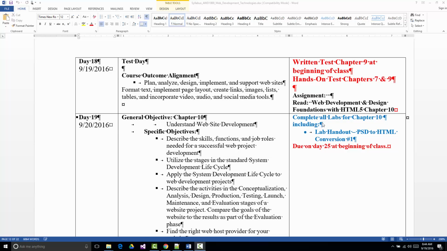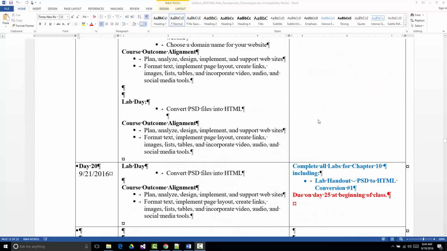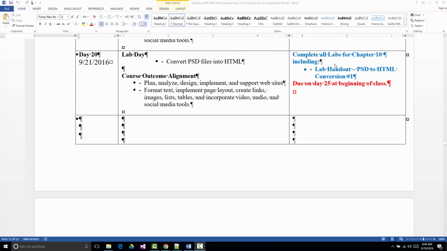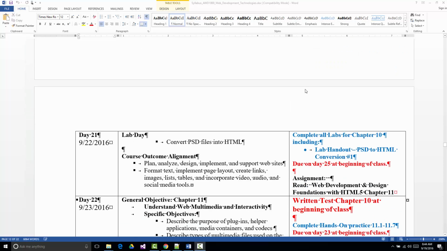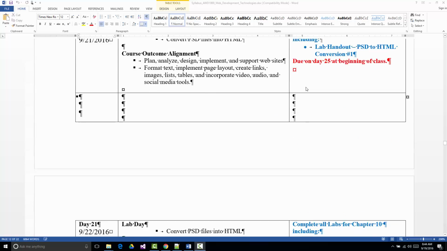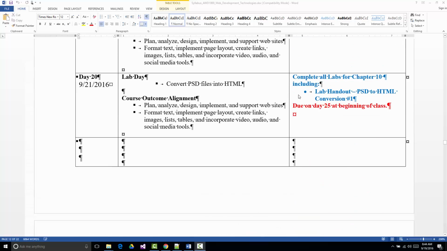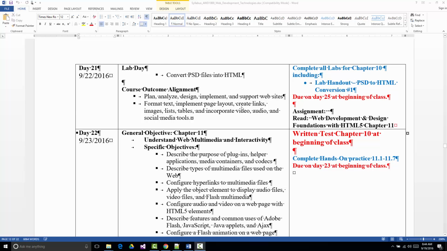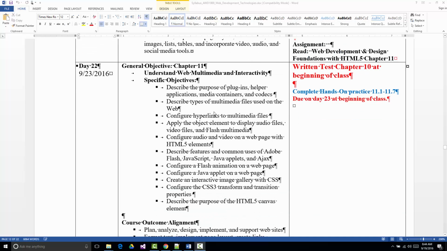All right, so tomorrow again, all period. Then Wednesday says complete labs for Chapter 10, plus you're going to get your next homework. All right, and that is the Chapter 10 homework. So you're going to have a lab Wednesday, you're going to have a lab Thursday, and then on Friday we're going to go over Chapter 11, plus we'll have the written test for Chapter 10.